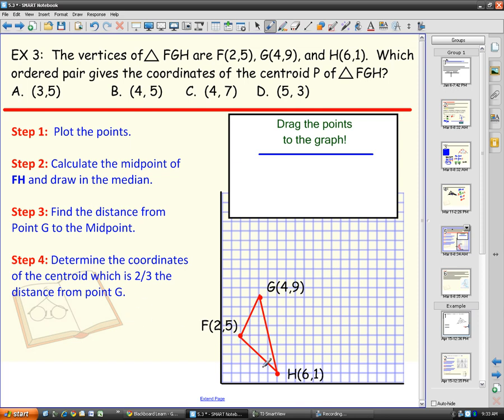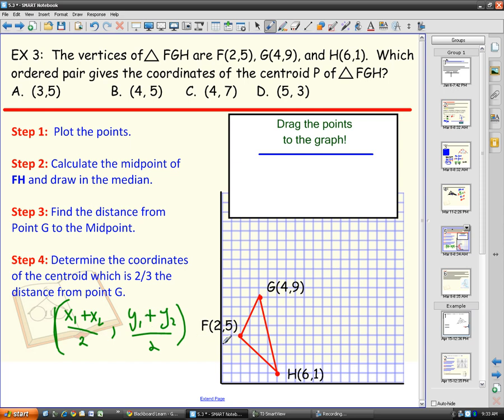And so my midpoint formula is x1 plus x2 divided by 2, and y1 plus y2 divided by 2. So if I take my x's and add them together, I add 2 and 6 together.